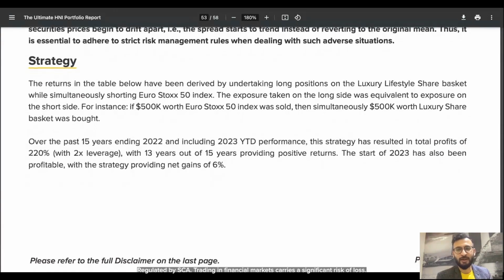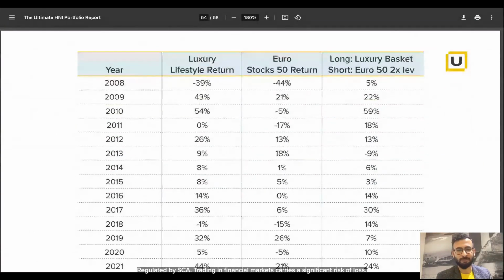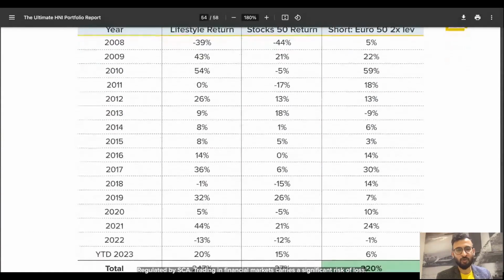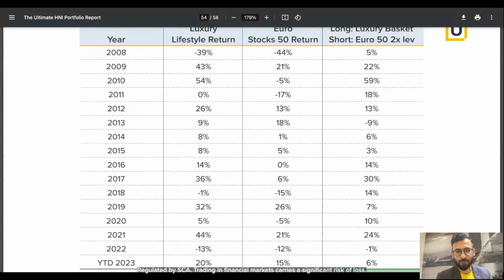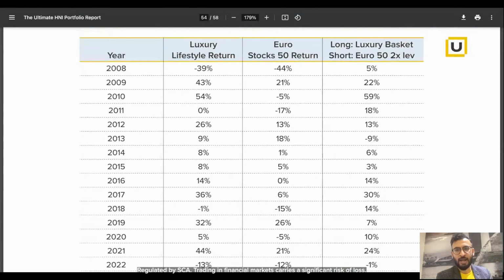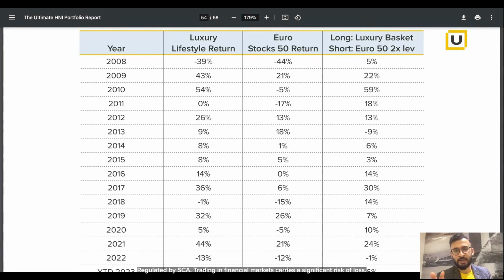Because what we realized was, I'm going to show you this chart, and this chart is from 2008 to 2023. Just have a look at this chart. Look at the yearly performance of the luxury lifestyle index and the Euro Stocks index, and look at their returns.